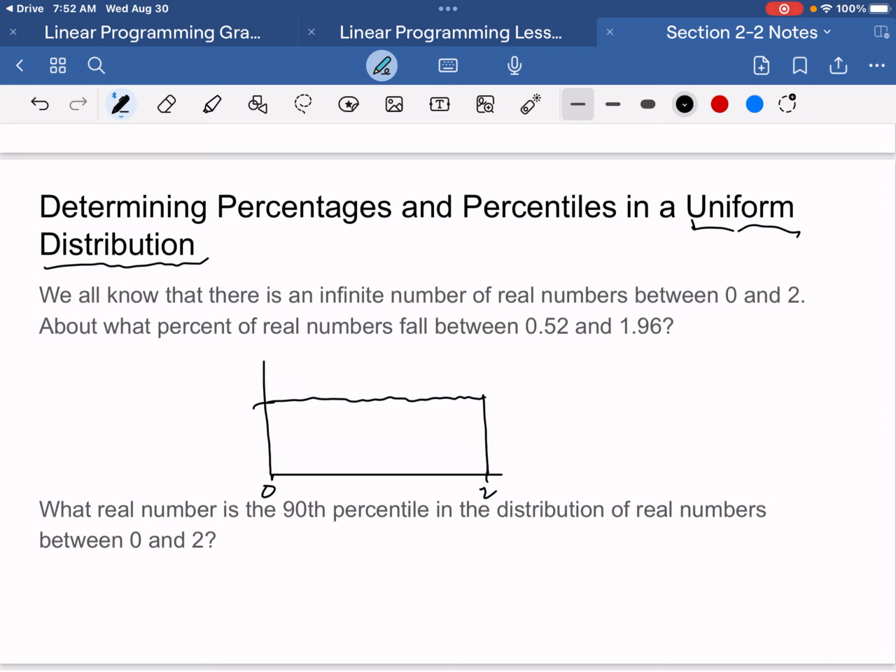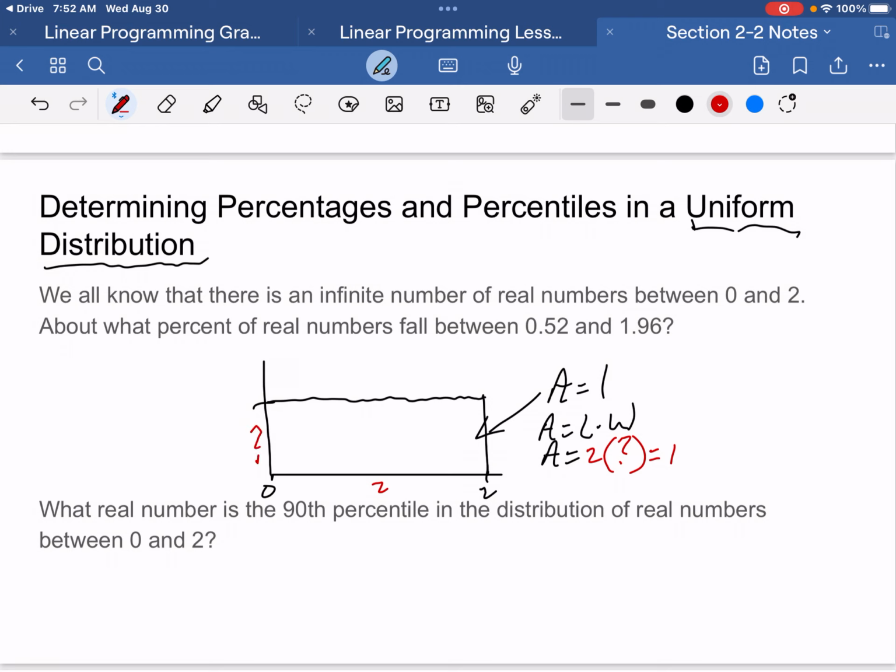Okay, well remember that the area under any density curve must be 1. And also remember that the area of a rectangle is length times width. Well, since the area under this curve must be 1, we see that the length of this rectangle is 2, times some value must equal 1.